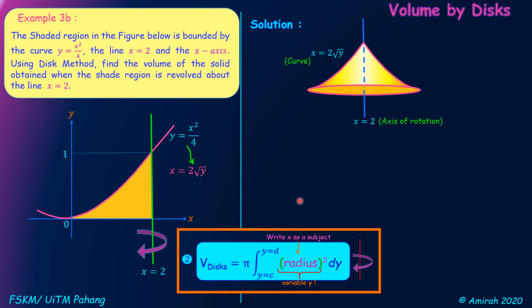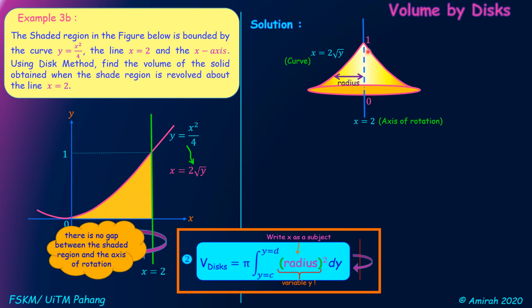We write x as the subject from here, and then the distance between the curve and the axis of rotation is the radius. The value of y for the lower limit equals 0 and the upper limit equals 1 here.